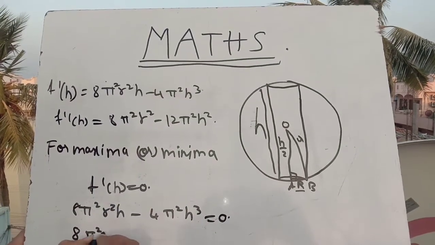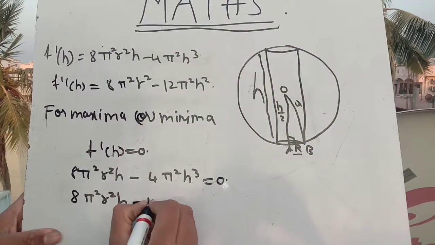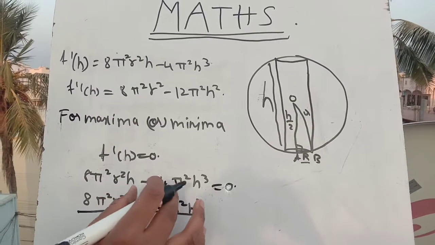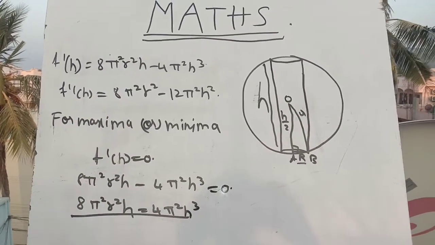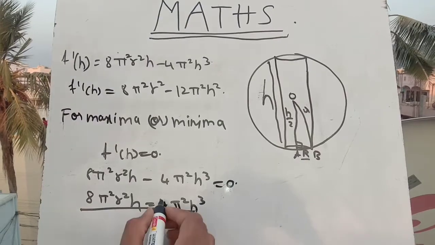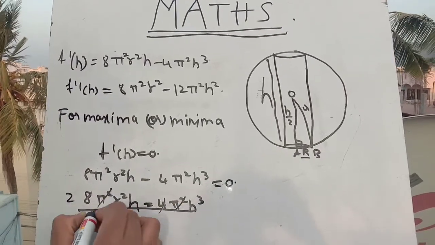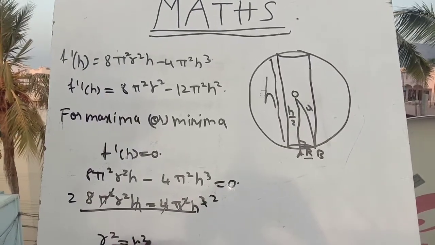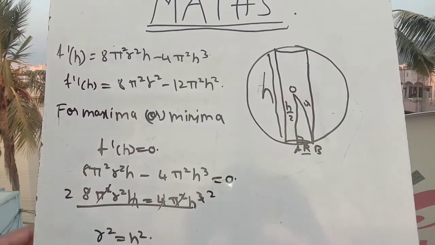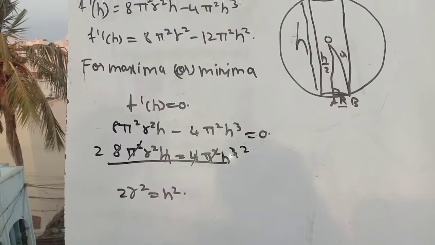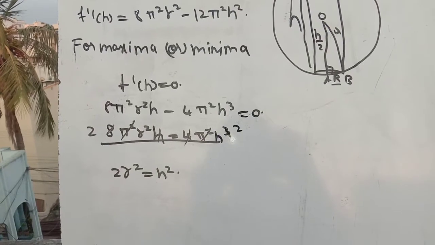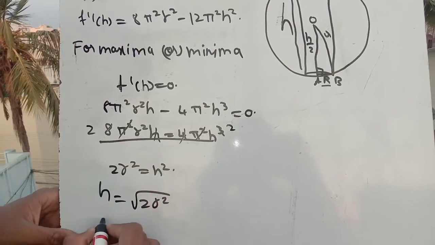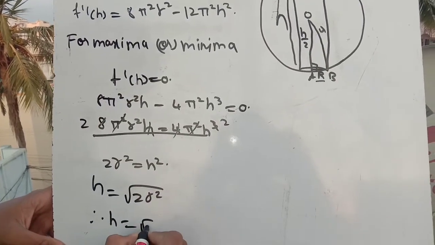Transferring the minus to the other side, 8 pi square r square h is equal to 4 pi square h cube. Cancelling 4 and pi square and h, 2r square is equal to h square. So h is equal to root of 2r square, therefore finally h is equal to root 2 r.